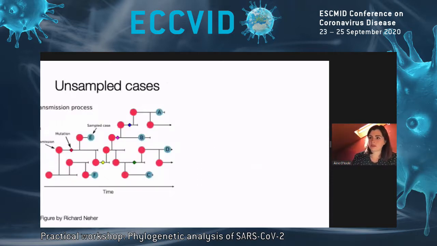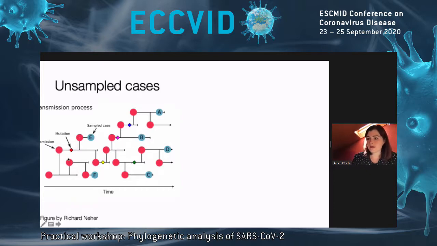Now, Richard presented this figure before, but I think it's quite useful to reiterate about what's going on behind the scenes and why we really can't infer transmission. If we look at these blue dots, these are our sampled cases, and the mutations are diamonds along the branches.